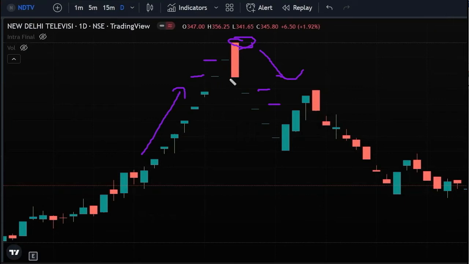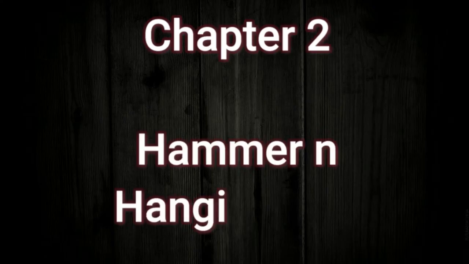Even if you are getting a profit, you are not able to book that profit, because as you can see, you are getting a lower circuit continuously, but the price is still flat because you are not able to get buyers, and in this case you are not able to get sellers. So it's better to avoid those companies which have flat lines in their daily time frame.